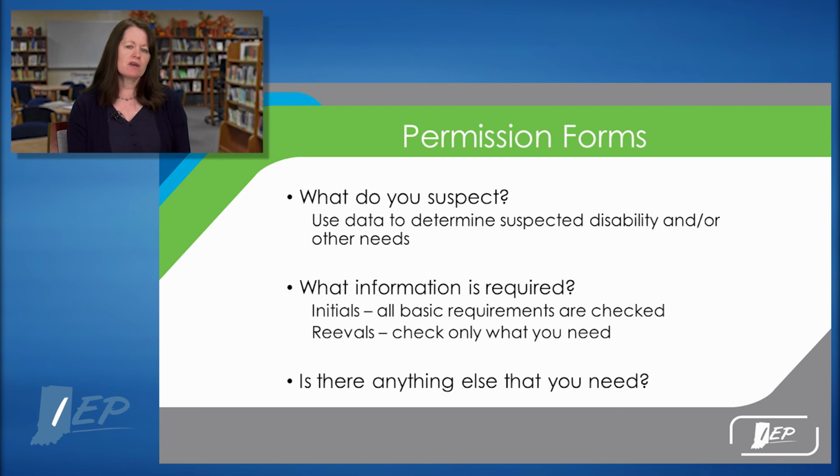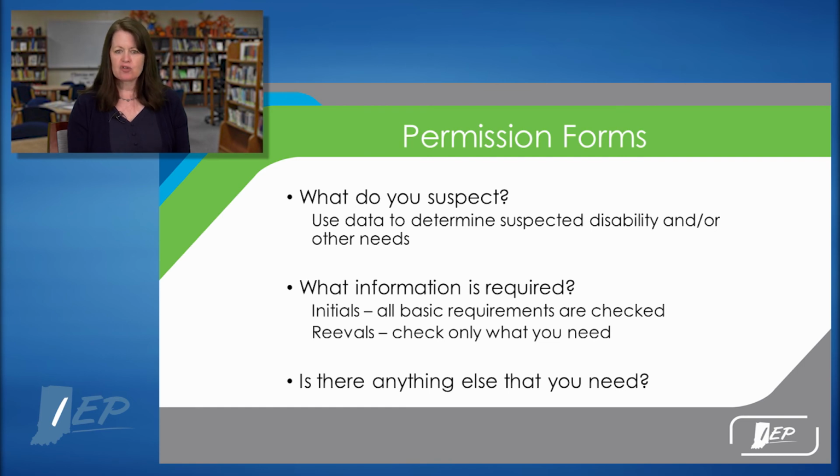So for example, if I have a student who is identified as a student with a specific learning disability, and maybe I believe that other health impairment is also appropriate and I want to look at that, and all of the things now get checked for specific learning disability and for other health impairment, and I start looking through my list and say, you know what, I don't think I need a new social and developmental history.